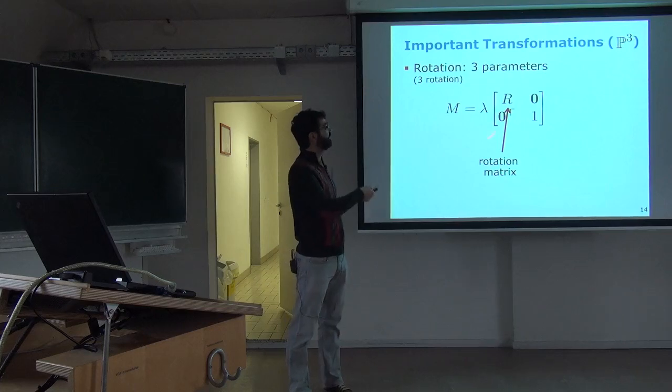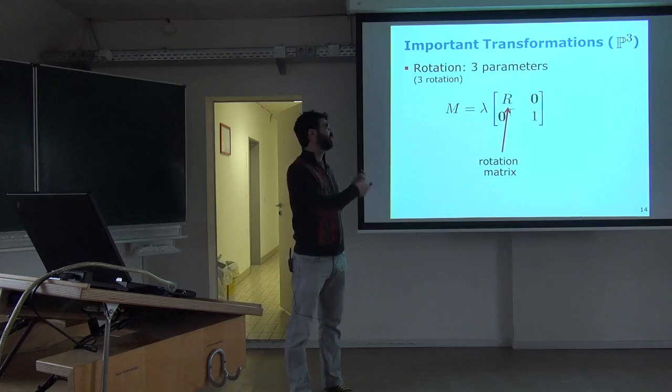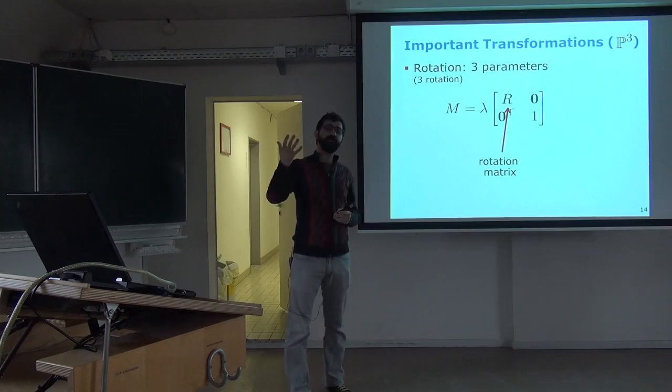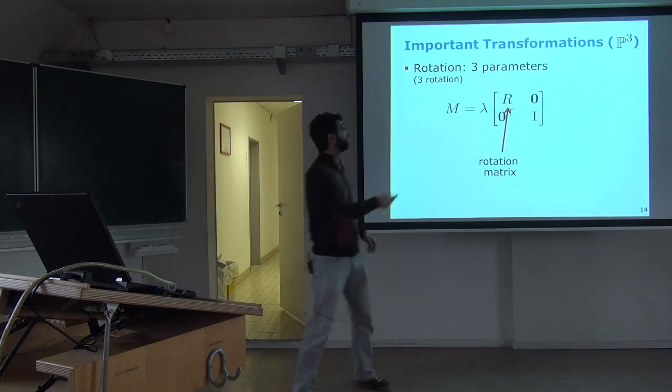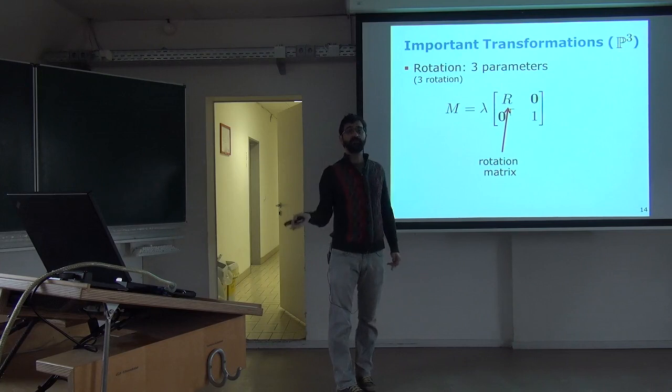So this lambda here is to say that these transformations, from a homogeneous coordinate point of view, are all defined up to a scale, or up to a scalar, no? And they all define the same point, because you can increase or decrease, but you are always at the same point, because this lambda will act also on the last coordinate of the point, and then you can renormalize again.